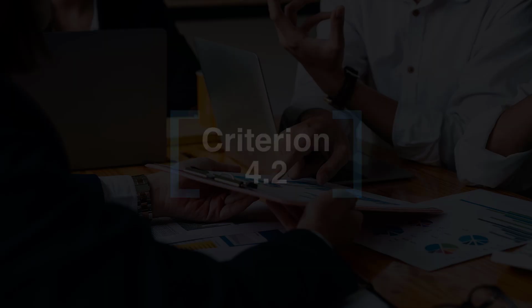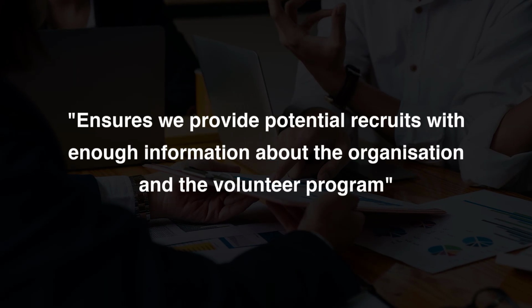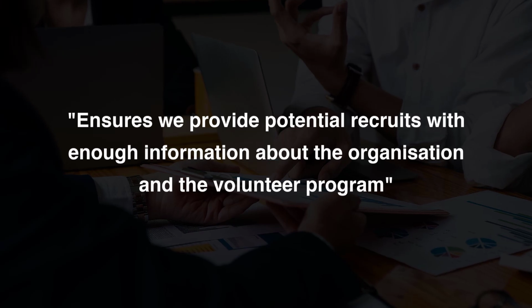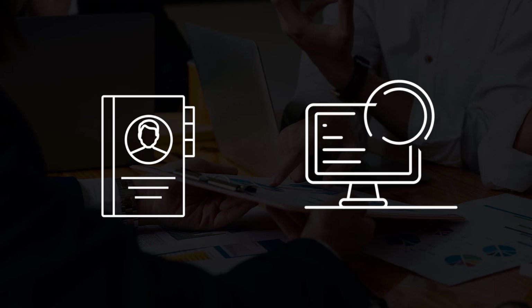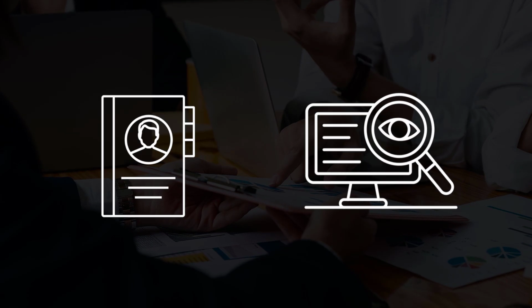Criterion 4.2 ensures we provide potential recruits with enough information about the organization and the volunteer program. This requires us to have volunteer role information readily available to the applicants, including in-depth details about the recruitment process, a point of contact, and feedback after making a choice.